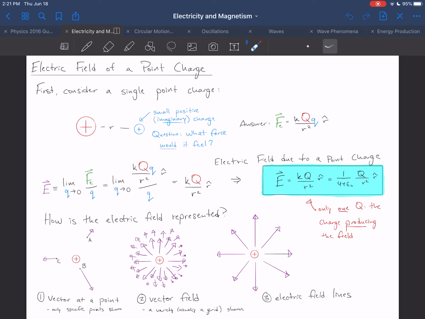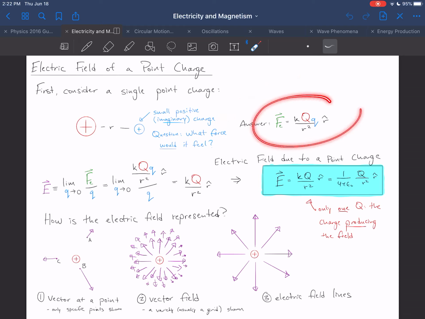So what force would a small positive imaginary charge feel placed at this particular point, a distance r away from the positive charge? Well, we already know what the answer to that question is. We know what that force would be. It's Coulomb's law.